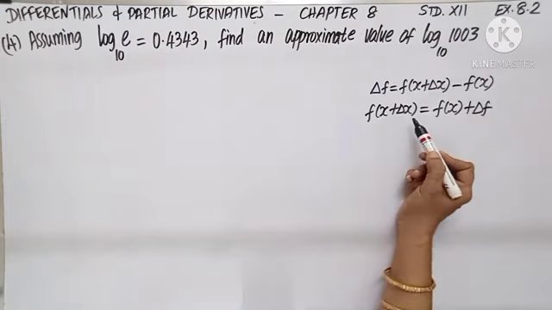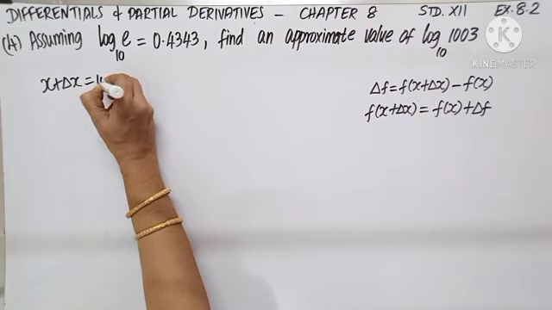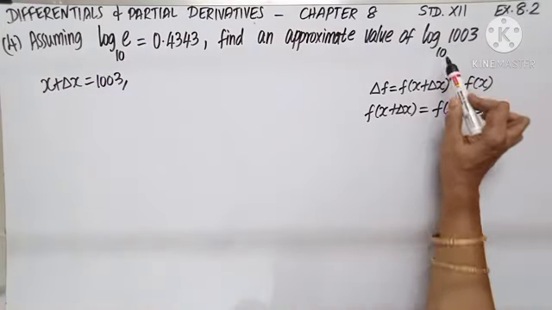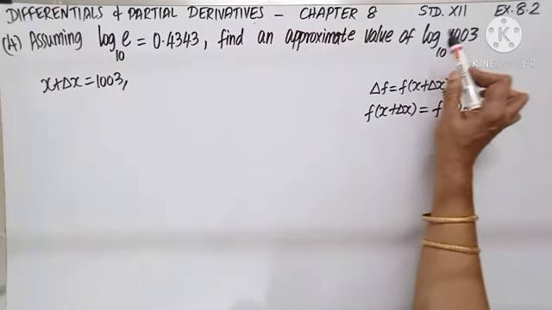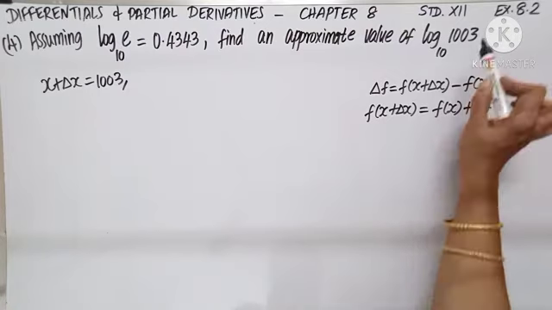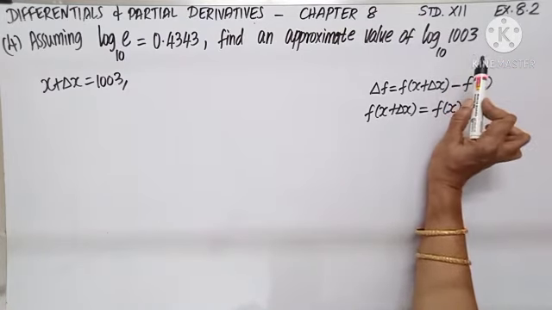1003 I take as x plus del x. So what is x? Find out when it is base 10. Log of which closer number I know? Log 1000. Log 1000 base 10 I know very well, it is 3.